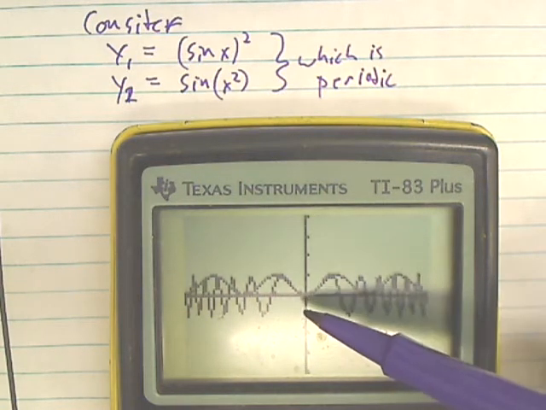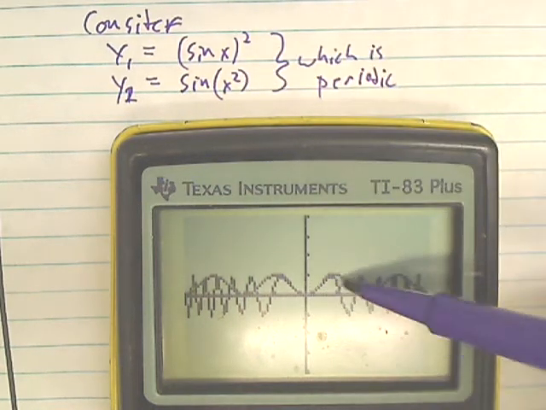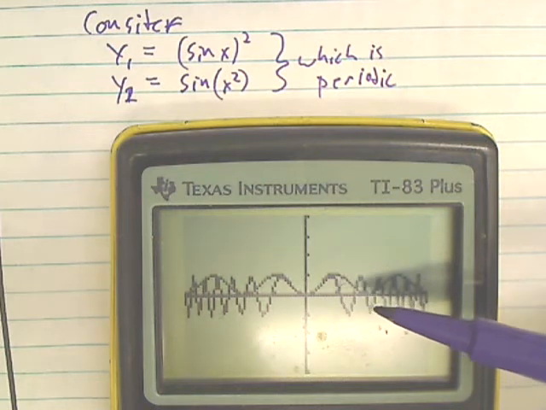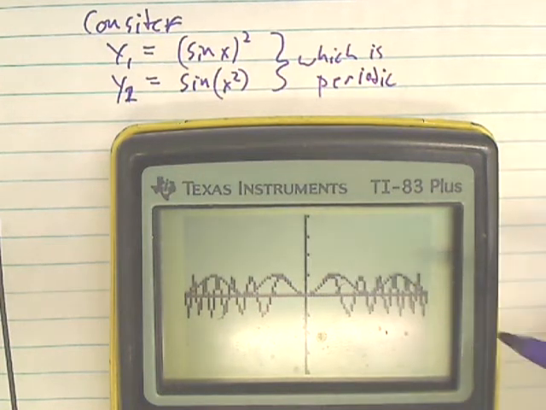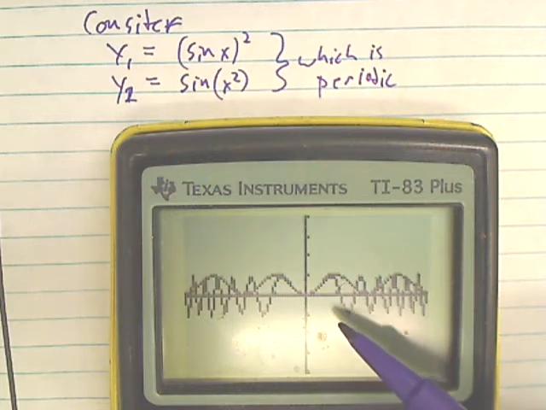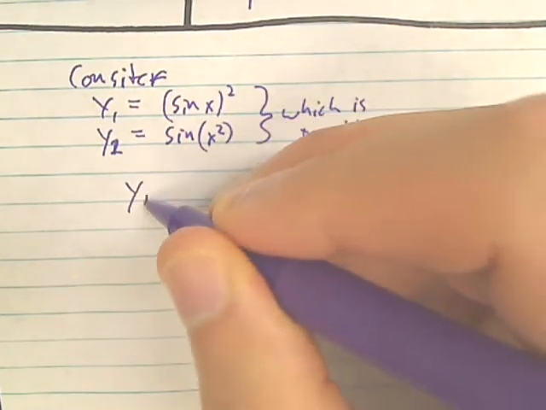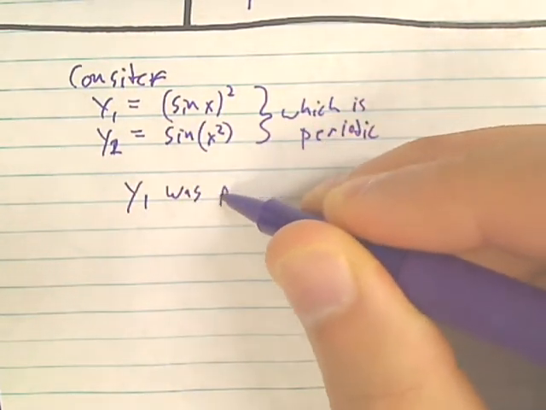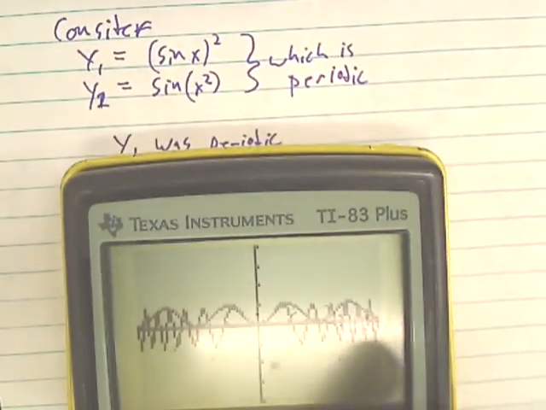y2, well, you can see it kind of changes, right? This is x squared, so this graph starts to grow at an increasing rate, and as you go to the right, it oscillates quicker and quicker and quicker. I would say that the first function was periodic and the second function wasn't, because the second function didn't repeat in the same way. So y1 was periodic, and I could say its period is pi.